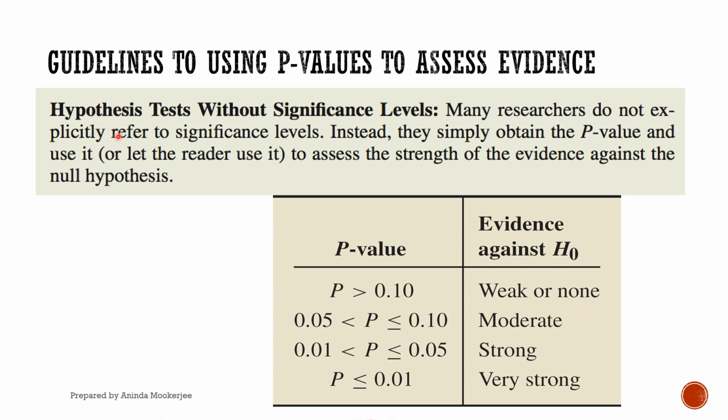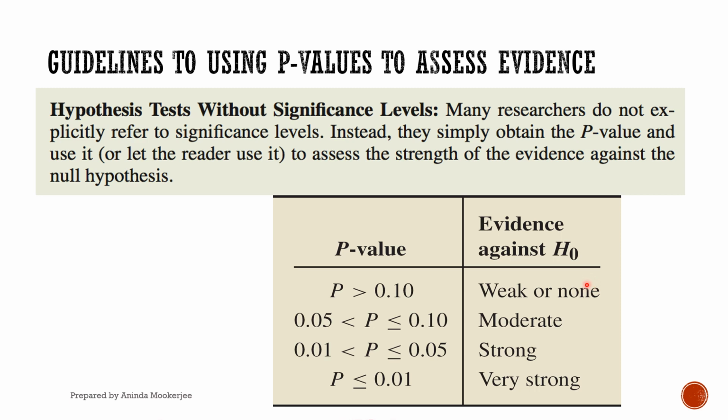All right, so here it says many researchers do not explicitly refer to significance levels. Instead, they simply obtain the p-value and use it, or let the reader use it, to assess the strength of the evidence against the null hypothesis. So that step where we compare the p-value with alpha doesn't need to be done based on this table here. If p is greater than 0.1 outright, we know that the null hypothesis cannot be rejected.